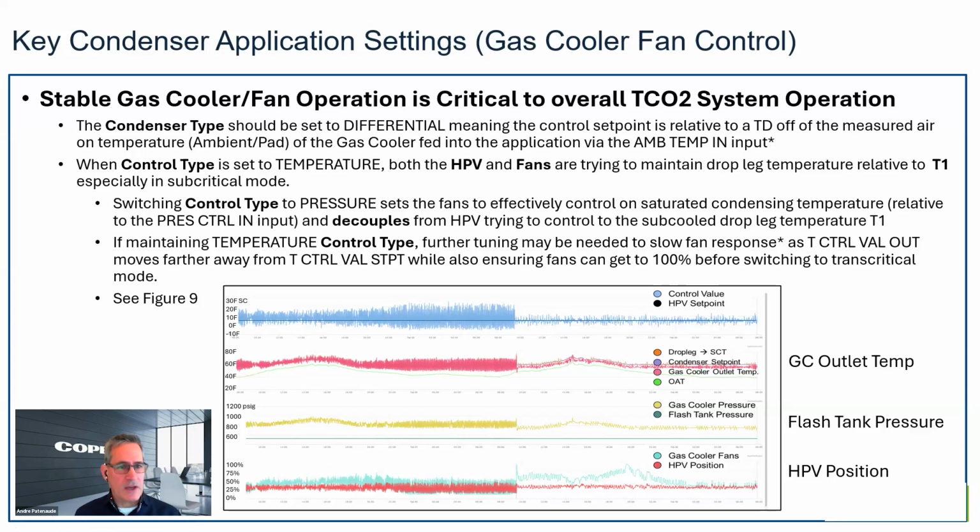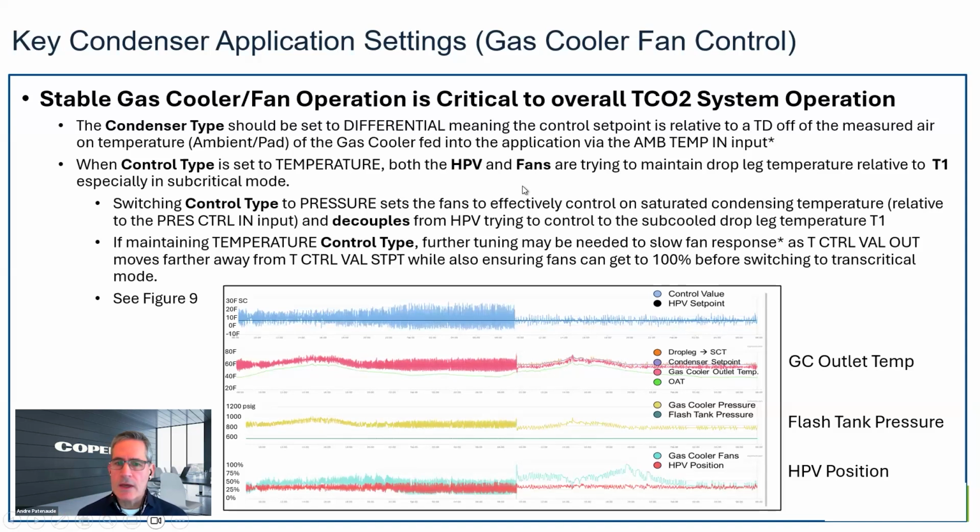You can control based on a gas cooler out pressure. But as I mentioned, temperature T1 sitting on the outlet of the gas cooler has an impact on the high pressure valve position in subcritical mode and in transcritical mode, and also on the fans trying to maintain that preset TD of 10 degrees.